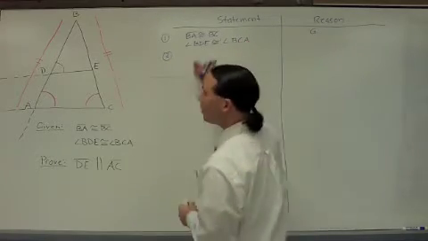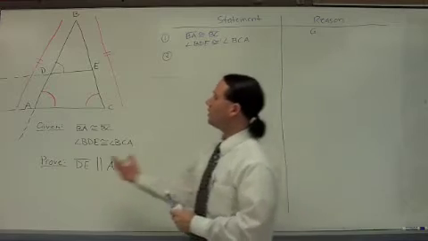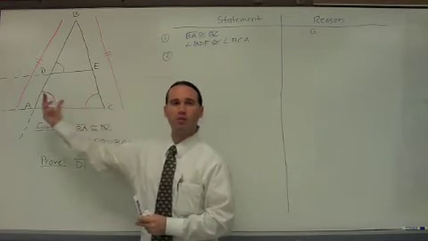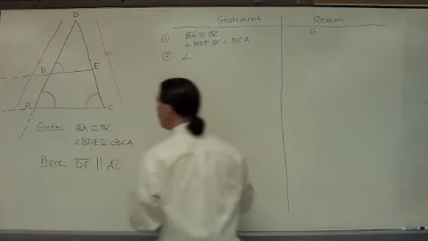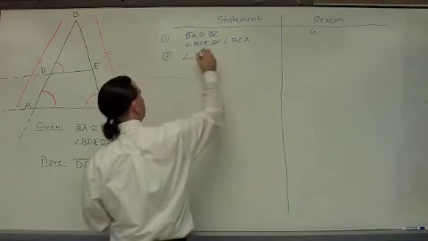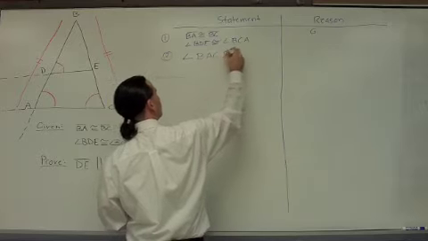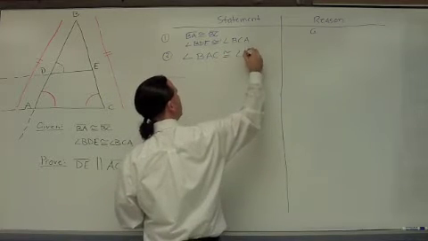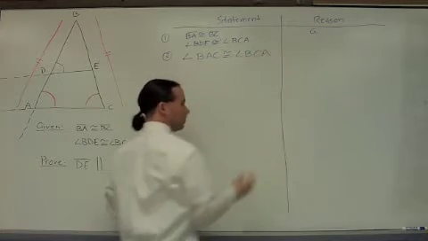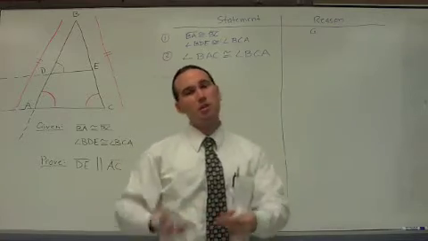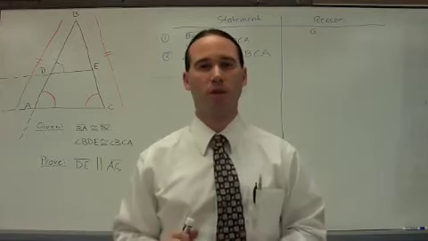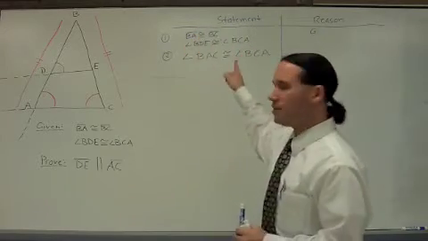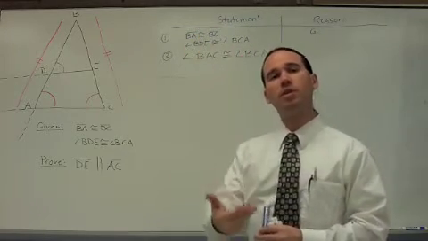So, we have our givens. The first thing I'm going to want to say is that these base angles are in fact congruent angles. Now you have a choice here. You can go right to angle BAC congruent to angle BCA. Now this is the way I would do it because I like to save as many steps as possible. This is sort of the shortcut. If you're going to say that BAC is congruent to BCA, what's the reason?